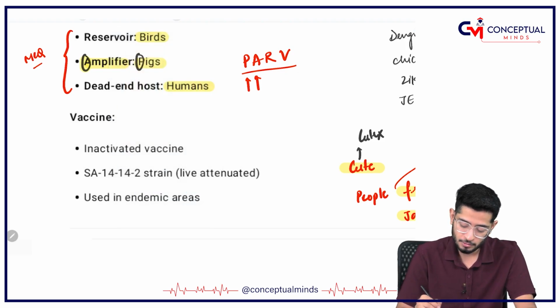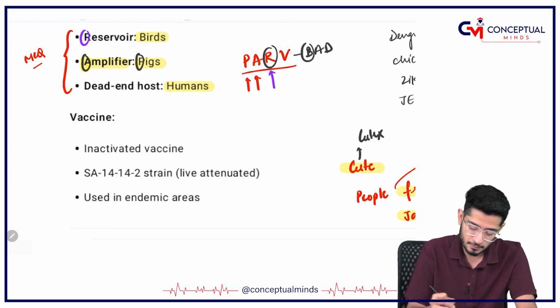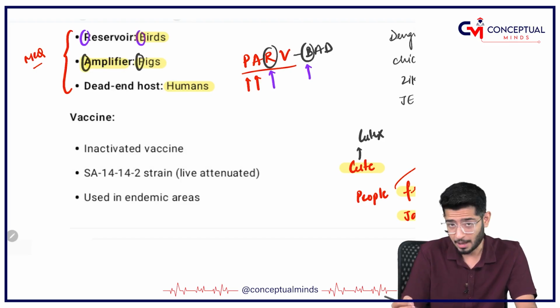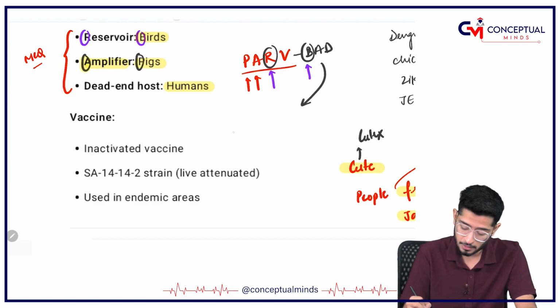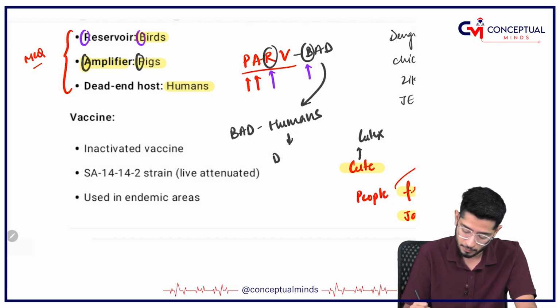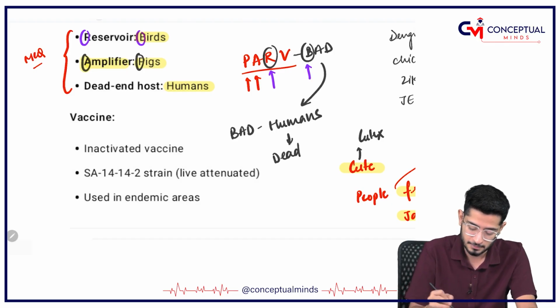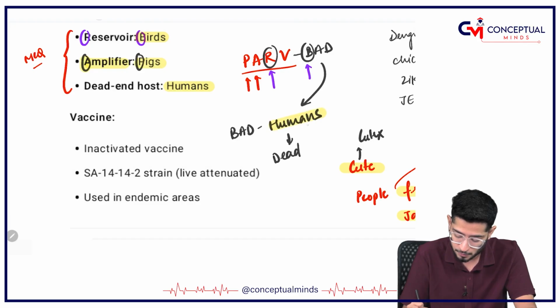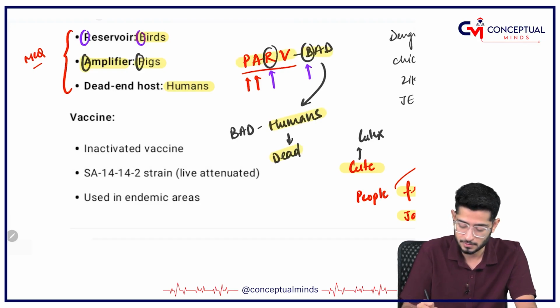And yes, I know I am a bad person, so you can say R and B coming together, that means R for reservoir, B for birds. Okay, I'm actually bad. Why? Because I make bad humans, dead humans. That means humans are the dead end host.